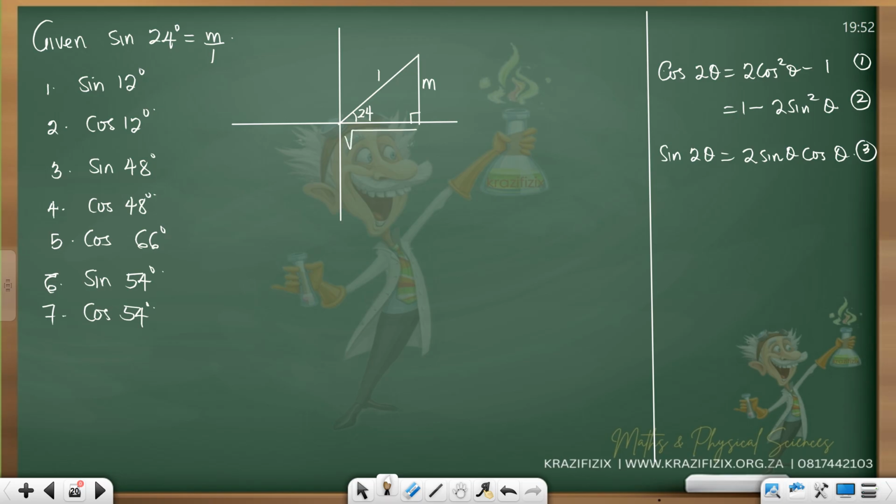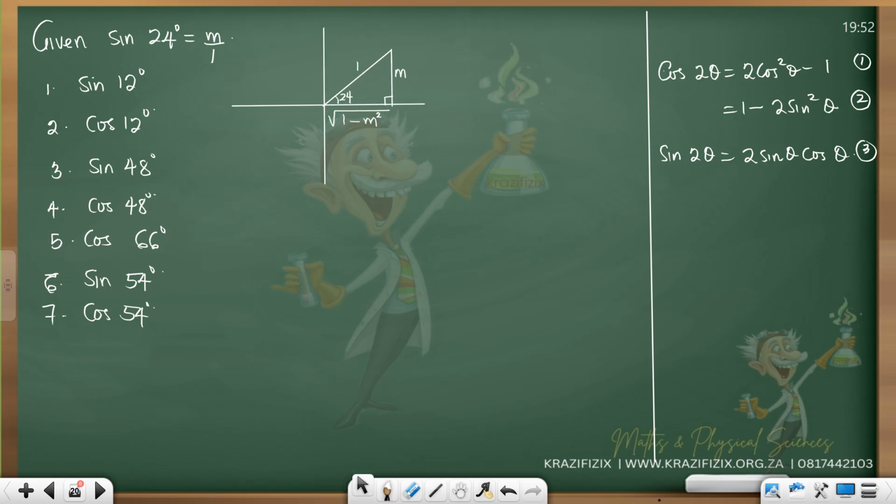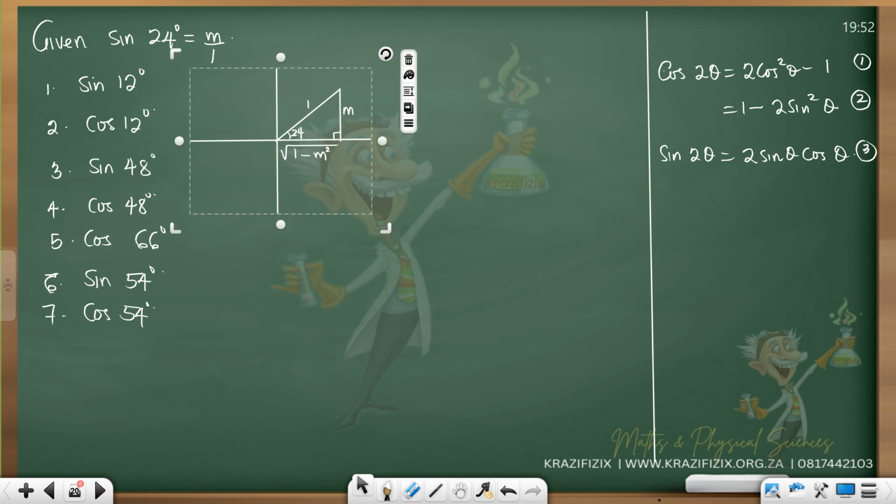What will this one be? Please don't make a mistake. It is 1. Some people write m squared minus 1. Please, it is 1. Otherwise, use your theorem of Pythagoras. Don't make that mistake. It's a careless one. Rather just use your theorem of Pythagoras. Are we okay there, everybody? Please, theorem. Don't cram it. Just use the theorem of Pythagoras.